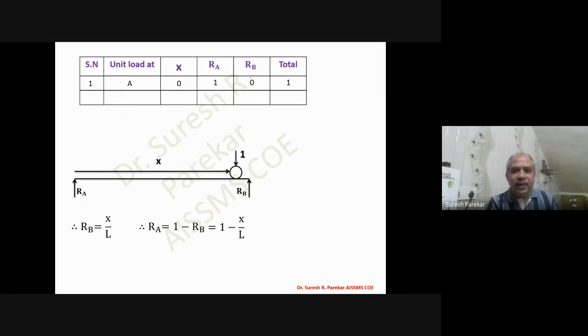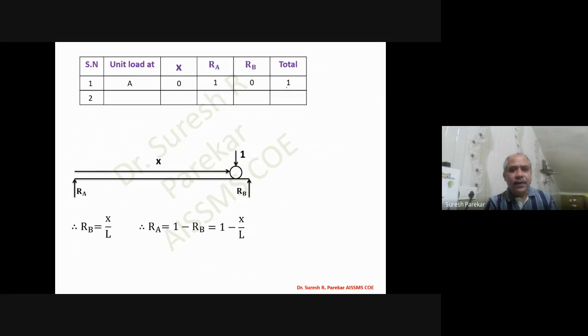Once I know the value of RB, I substitute in the other equation, or you can put x in that equation, and you will get RA equal to 1. So we have 1 and we have 0. The total is always 1. Whatever number of reactions you have, if we have a compound beam, then we have more reactions, but the total is always 1.